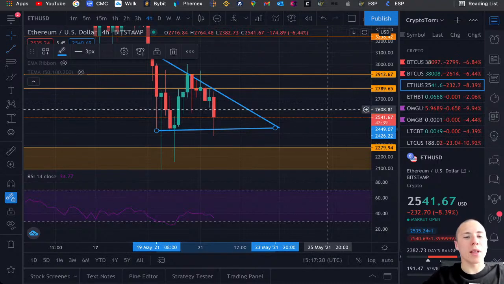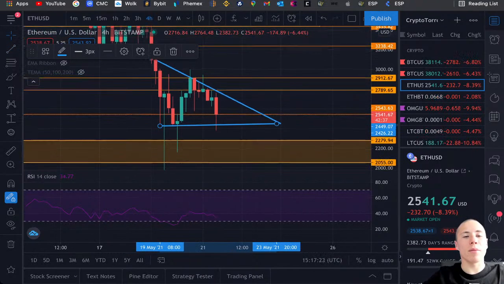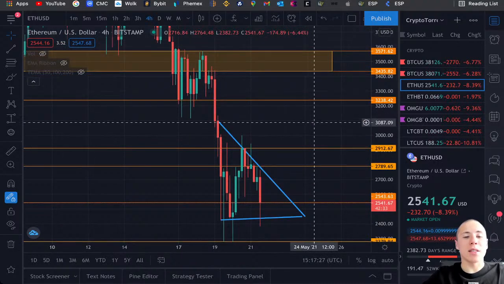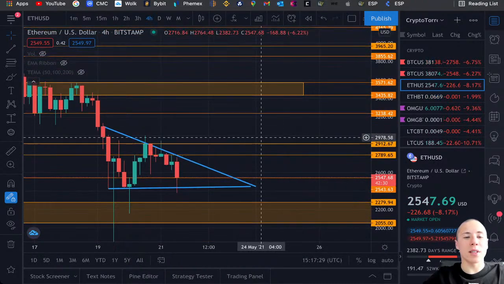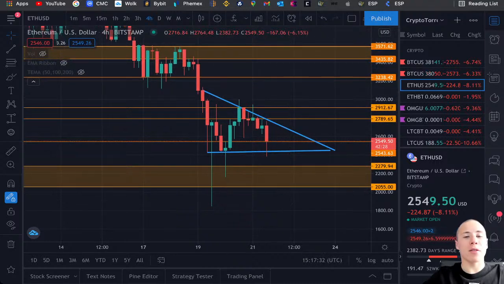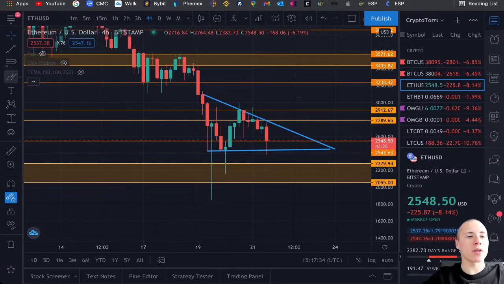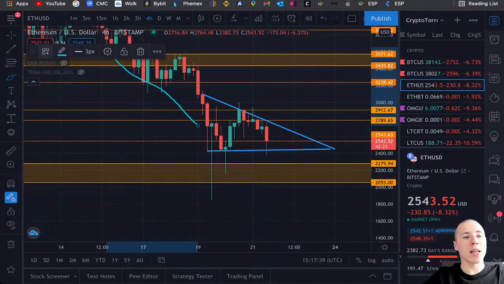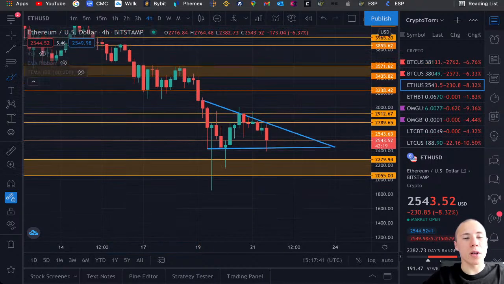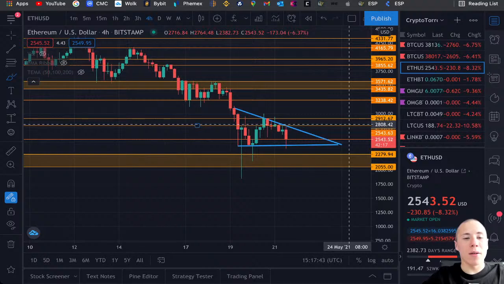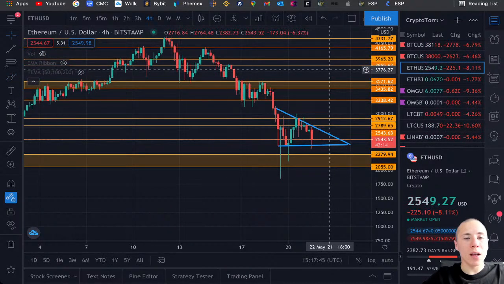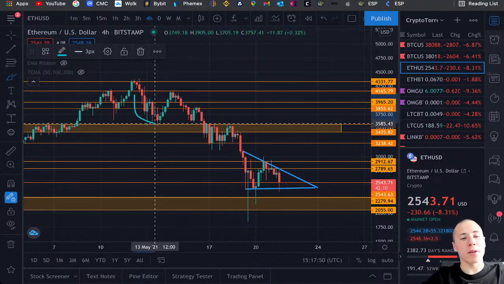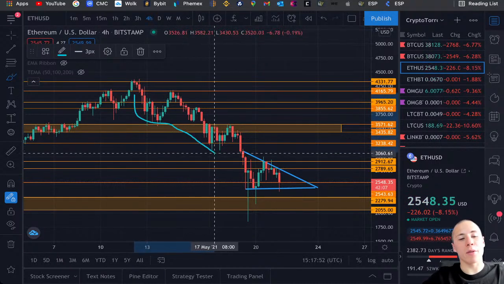And if we see this potential move towards the downside being created, especially because descending triangles tend to move towards the downside, and especially break out towards the downside if the previous trend is as well towards the downside. And as we can clearly see on Ethereum, a very big momentum towards the downside has been there during the previous couple of days.